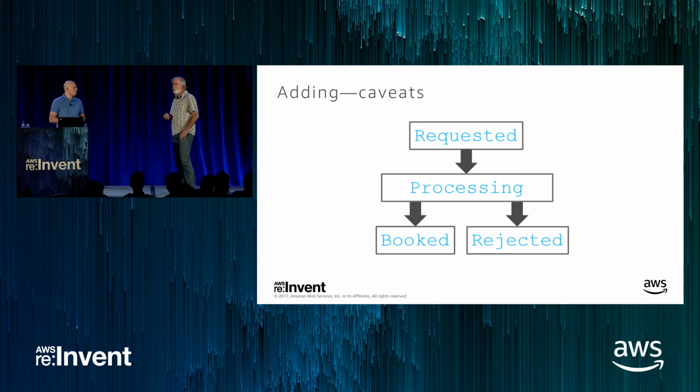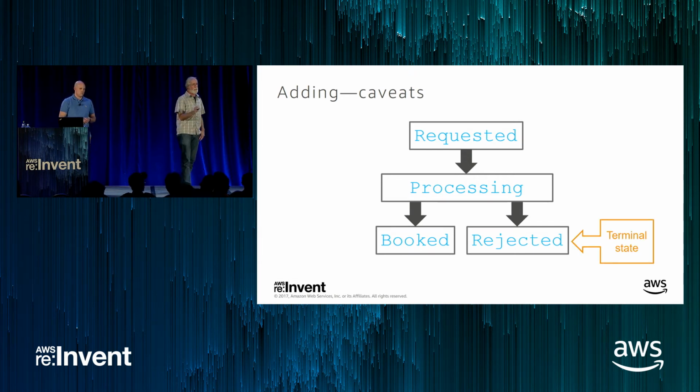This is an enumeration that represents a life cycle. Clients that are interested in this life cycle, what are they going to be doing? They're going to be polling to see eventually whether my flight got booked, and I'll take code path A, or my flight got rejected and I'll take code path B. We call these two states at the end terminal states.